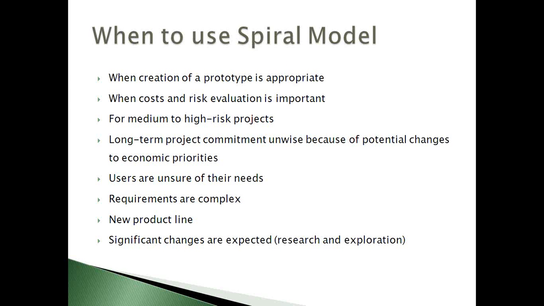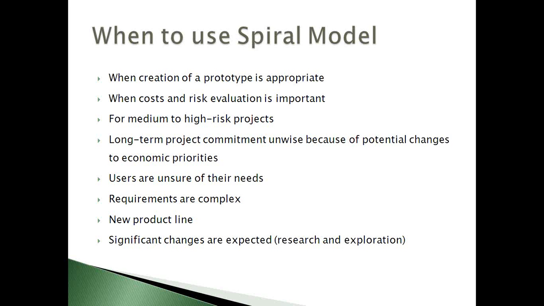And when are we going to use the spiral model? When the creation of a prototype is appropriate, when cost and risk evaluation is important, and when we have medium to high risk projects, and then long-term project commitment, because of potential changes to economic priorities, and the users are unsure of their needs.